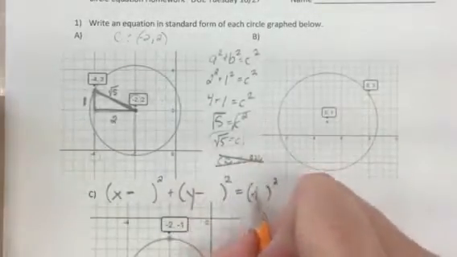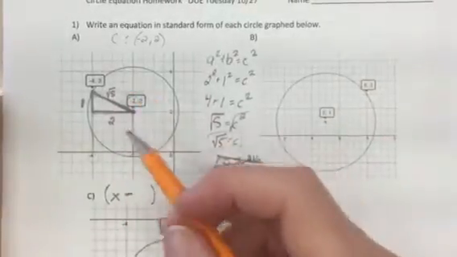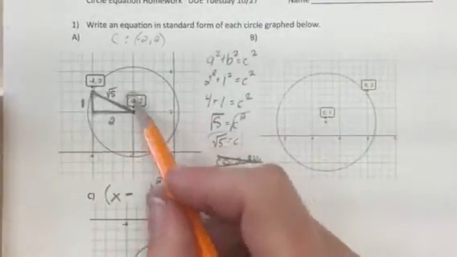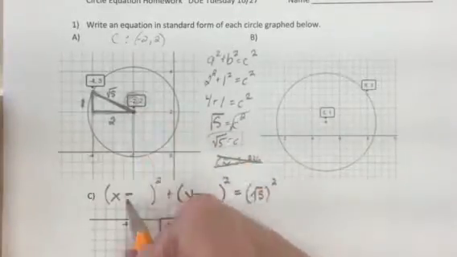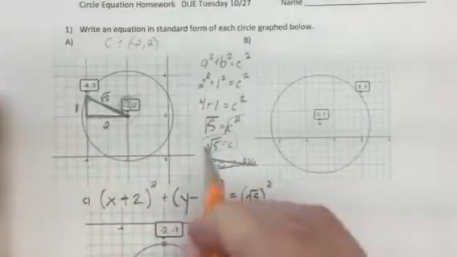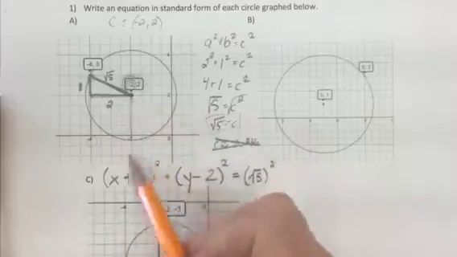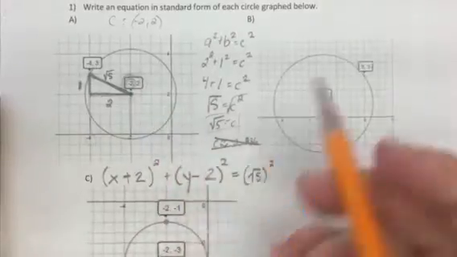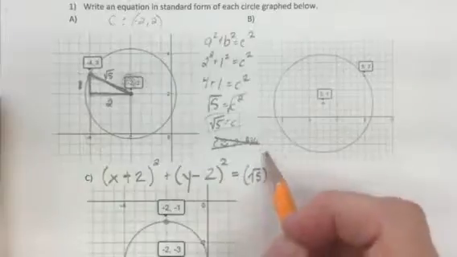My radius is square root 5, so square root 5 squared. And then my center, it's x, and then you really take the opposite of this, right? X minus -2, which is the same thing as x plus 2. And y minus 2. So remember, it's kind of like the opposite. X plus 2, y minus 2. This squared equals square root of 5 squared.